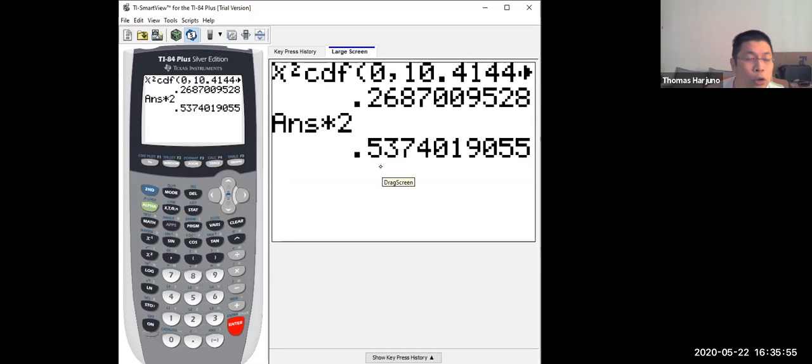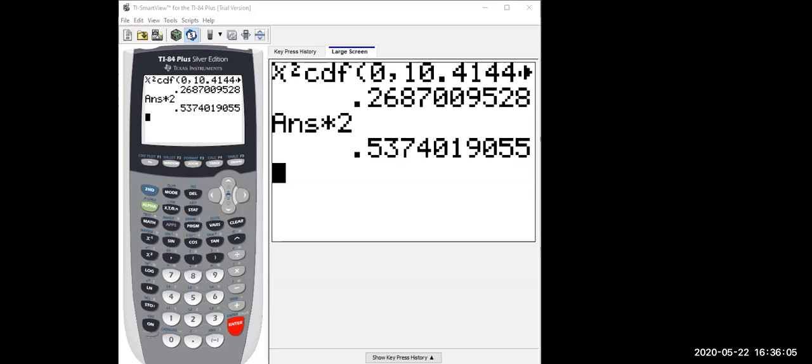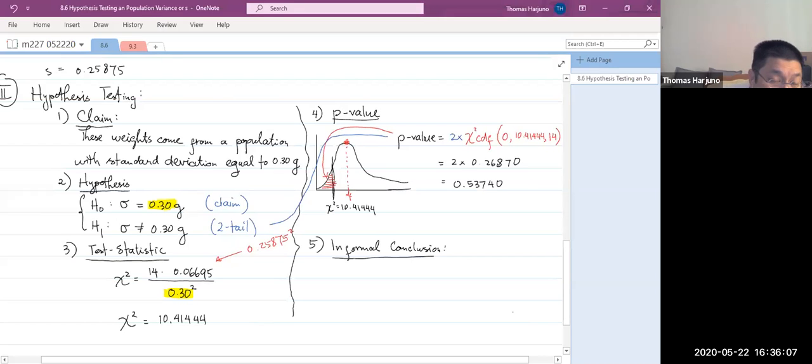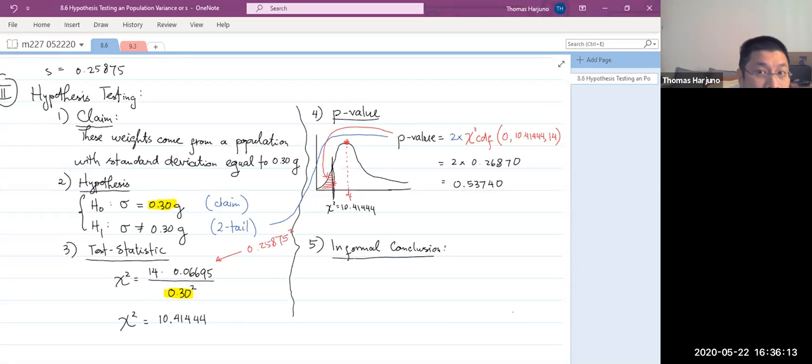So not inverse chi-square. Inverse chi-square is the one we actually programmed last week. Will that be on the exam by any chance? You will use that for the confidence interval.